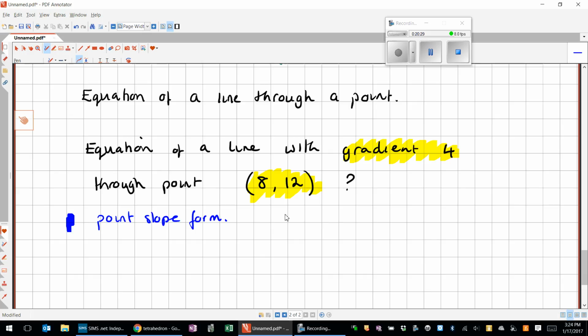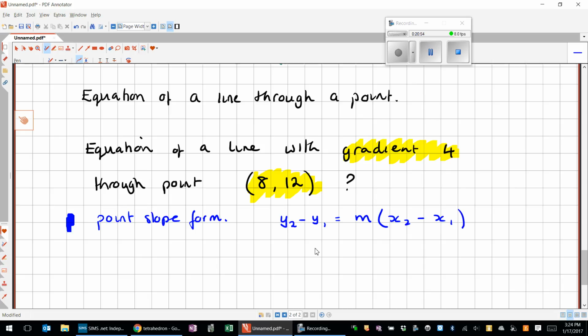So what we do with point slope form, we know it's y2 minus y1 equals, and the other reason I think it's a great one to get used to is because it might not be in this syllabus, but it is in your IB syllabus. So you either learn it now or you learn it then. I think learn it now and use it now, if it makes life easier. We'll do it both ways though.